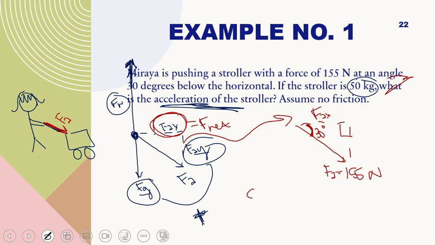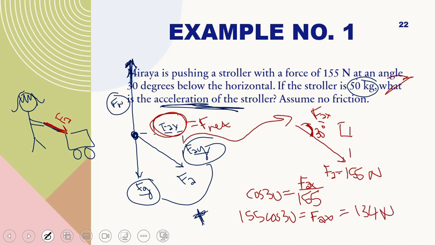So we can say that cos 30 is going to be equal to our net force over 155, or 155 cos 30 equals Fax, and this is going to equal approximately 134 newtons.